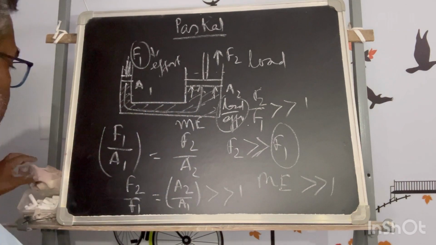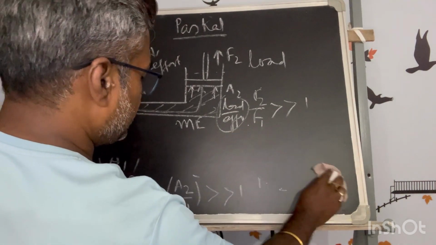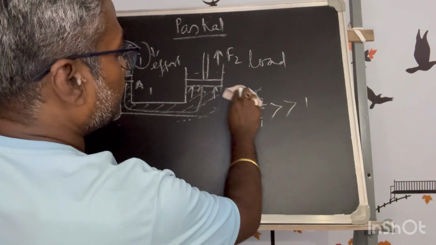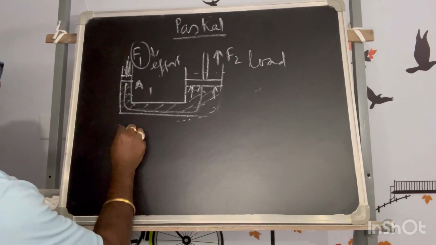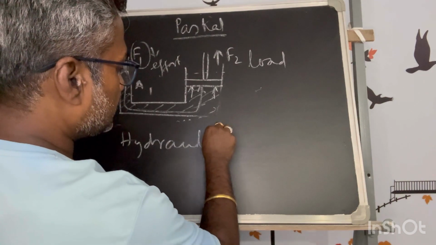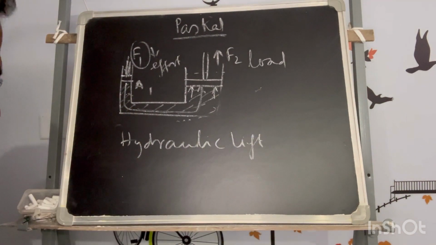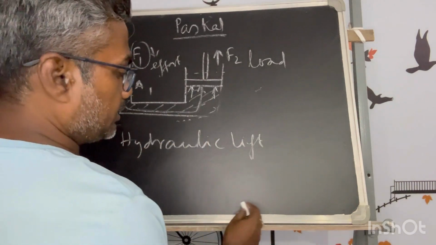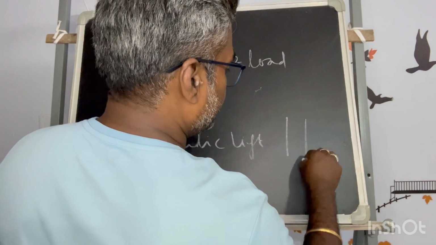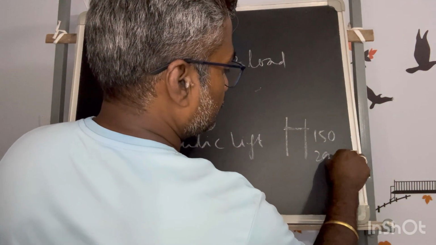Now you well understand this kind of machine we use in practical sense in our garage. What is that? Hydraulic lift, by which we can move a car of around 3 to 4 ton with a simple piston of diameter not more than maybe 150 to 200 mm.